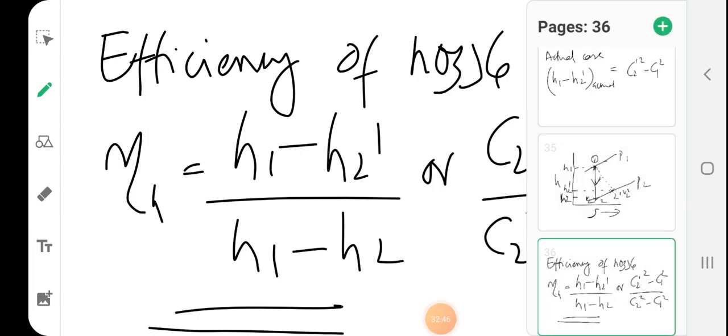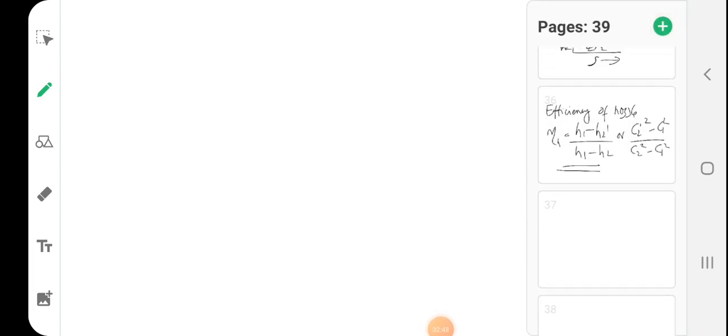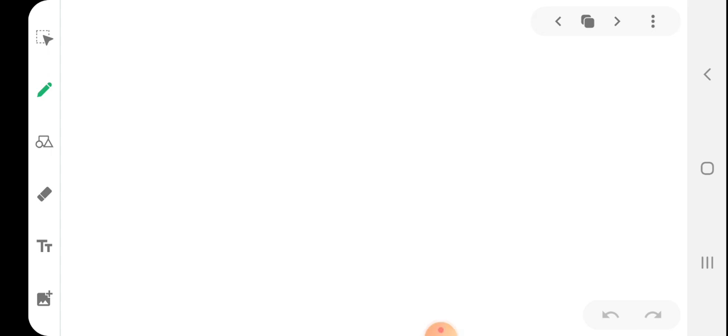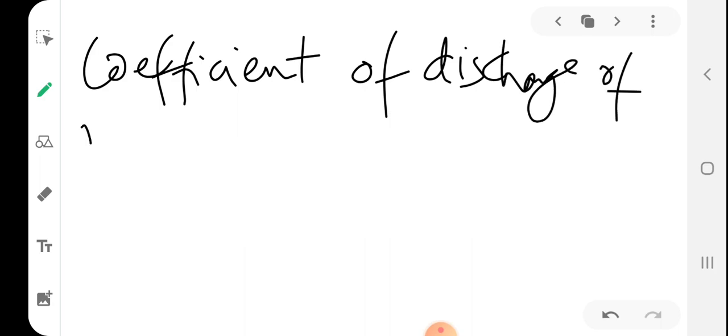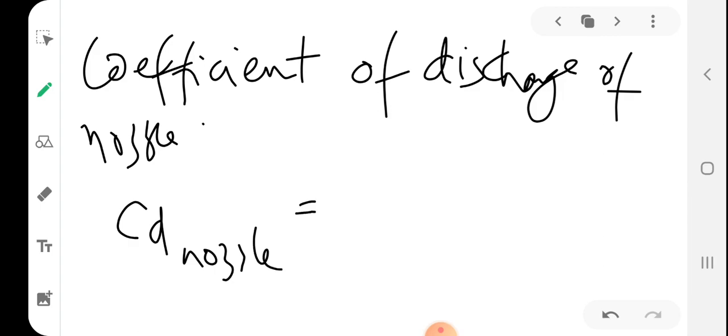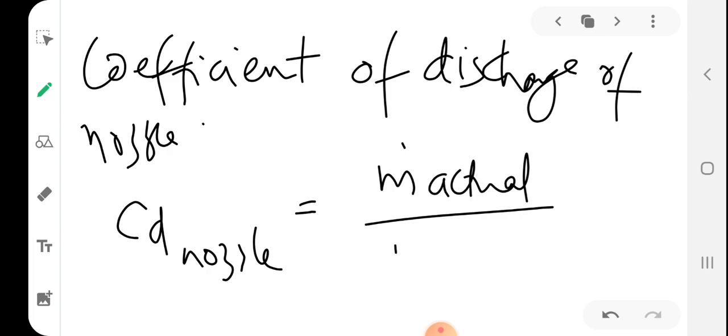And one more term, the coefficient of discharge of the nozzle, that is CD nozzle, is equal to m dot actual by m dot isentropic.